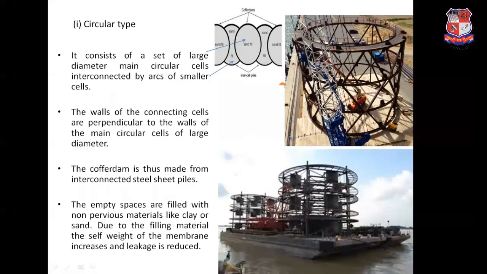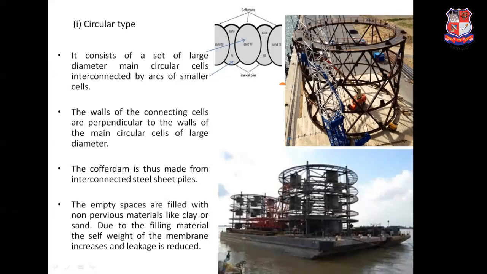Main cells are also shown, and the main cells which are connected by the small arch cells are also shown. The walls of the connecting cells are perpendicular to the walls of the main circular cells of large diameter, as shown in the figure.